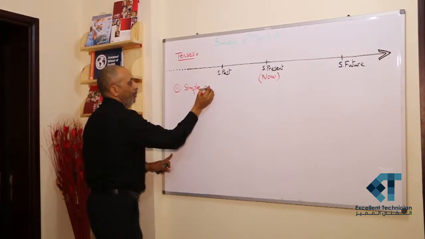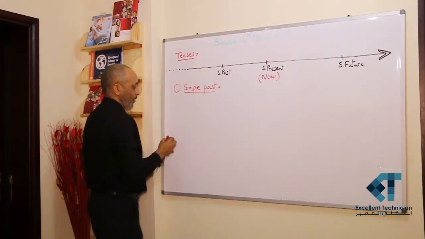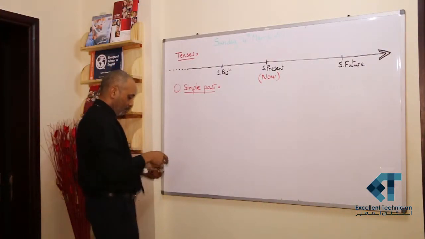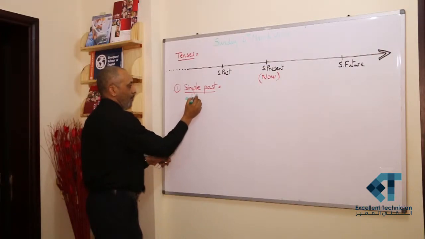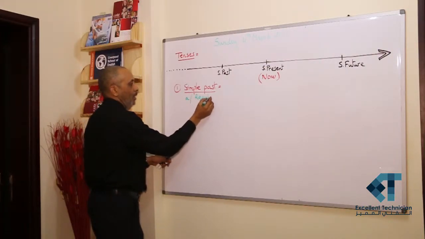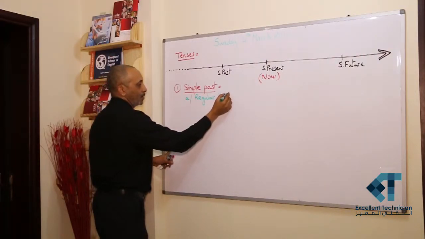We can say simple past or past simple, it's the same. Here we have two types. A, regular verbs or regular past.